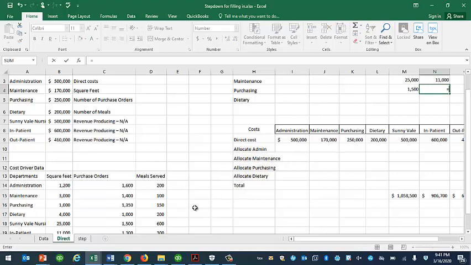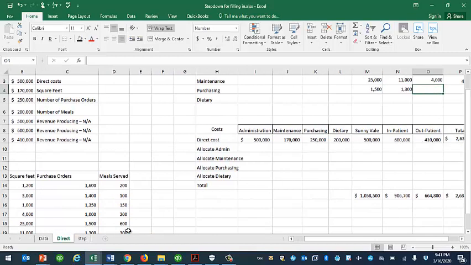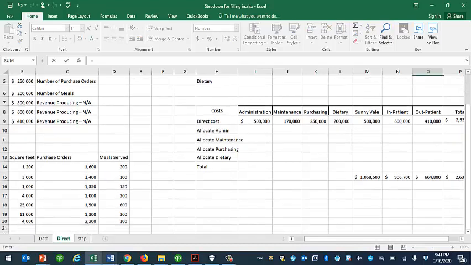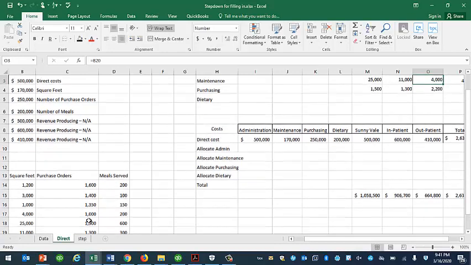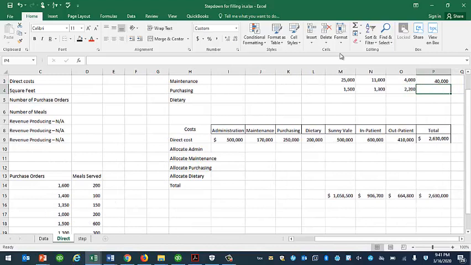If you had copied and pasted it over here, the problem with that would have been that when you change your data, it wouldn't update the spreadsheet itself. Okay, so therefore the 2,200.